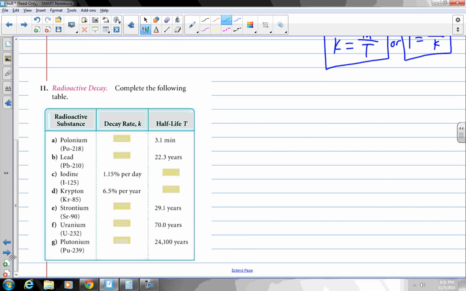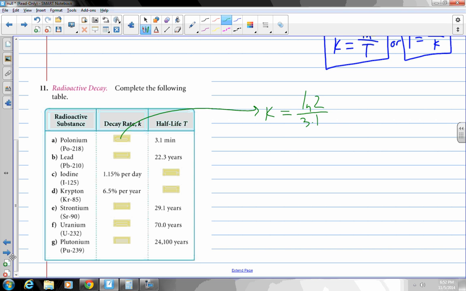If I know the half-life of polonium is 3.1 minutes, then I can find the rate of decay of polonium, right? I can do this really easily. The rate of decay of polonium is natural log of 2 over 3.1.